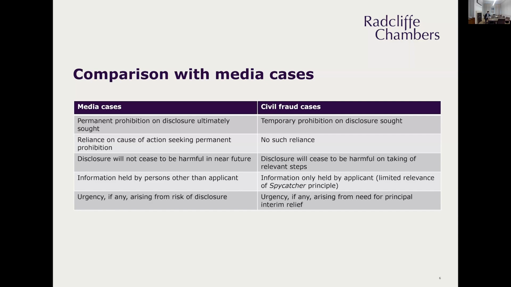And that's reflected in the penal notice to the model order in the media context, in the INDO guidance that I'll talk about. But it's not usually necessary to rely on this principle in the civil fraud context because, as I've mentioned, the information you're trying to protect will be in your pocket. It will normally not be held by several news reporters out there somewhere.